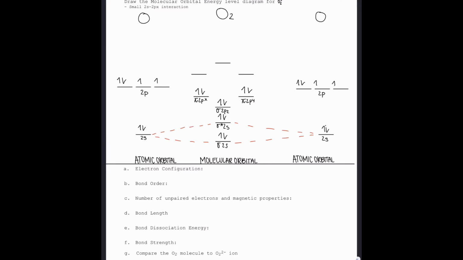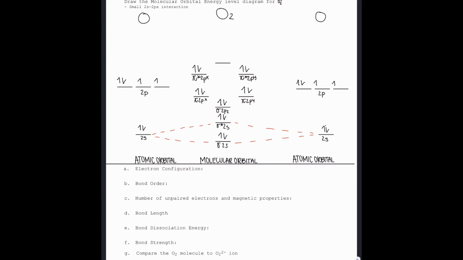Now we will add 4 more electrons to the next 2 levels. Pi star 2px, pi star 2py. We will then add electrons 11 through 14.